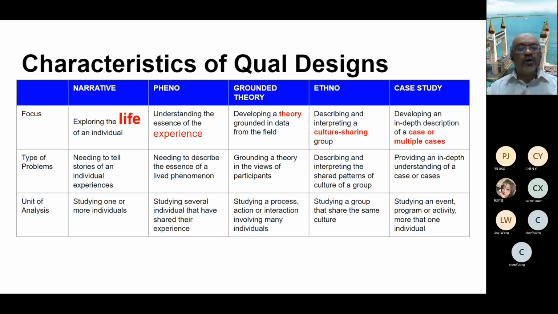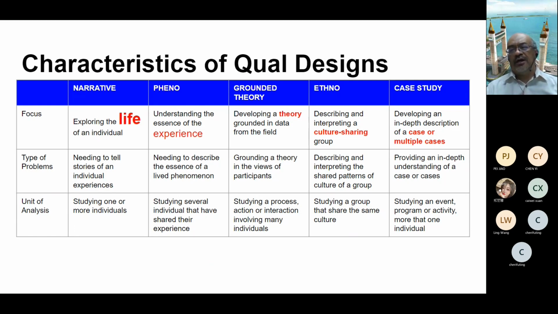For the narrative one, you are studying the individual. That means you interview them one by one, and then you analyze it. So, one or more individuals, because it is about the life of an individual. What about phenomenology? Studying several individuals who have shared an experience.